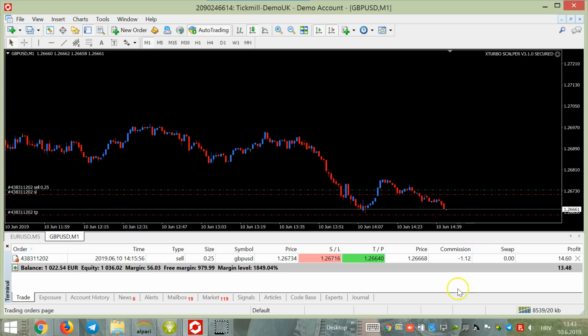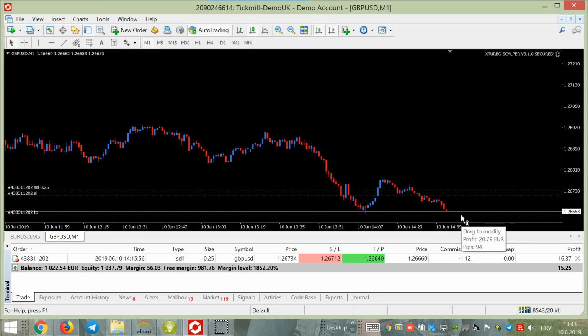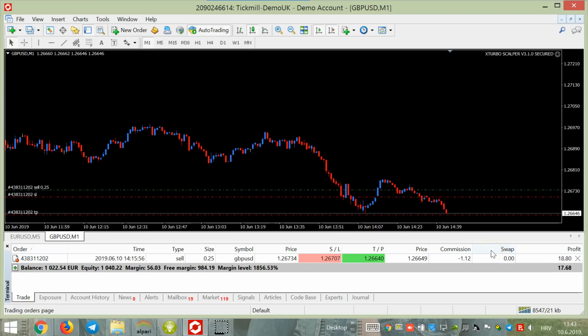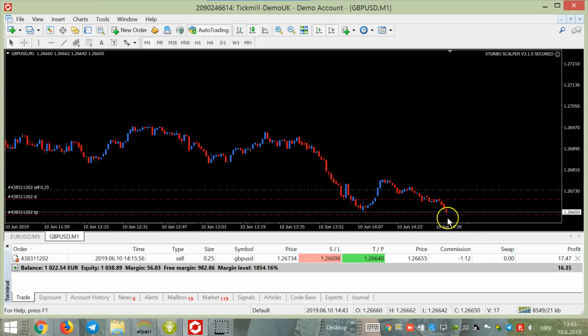So in this case we cannot lose anymore. It's only a question of how much we'll make. If it reaches this level, it will make 20 euros. If it goes back, we make a minimum of 5.31 euros. You see it going down, and it will close the trade very soon.